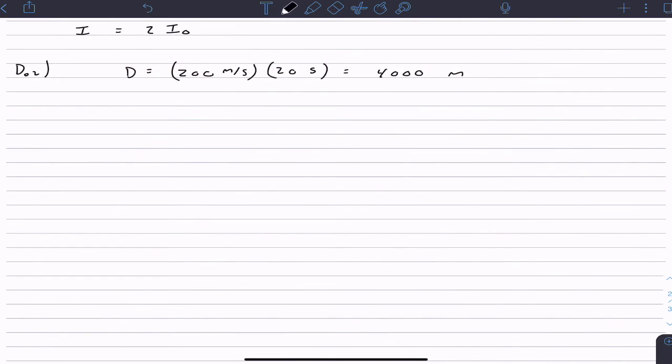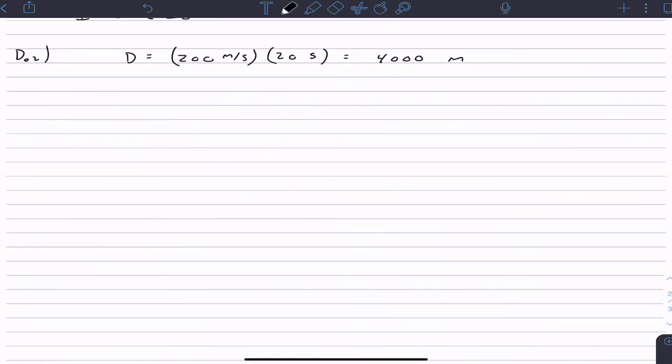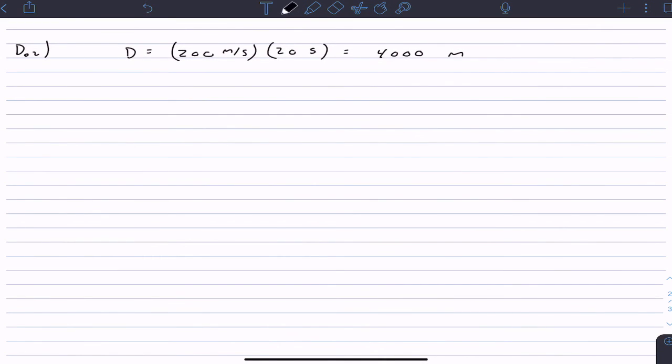Okay, so that's the answer for that part, and then we're asked to find the frequency of the transmitters. So we can use a relationship that we have between frequency and wavelength, where in general we have frequency is equal to the velocity of the wave over the wavelength.